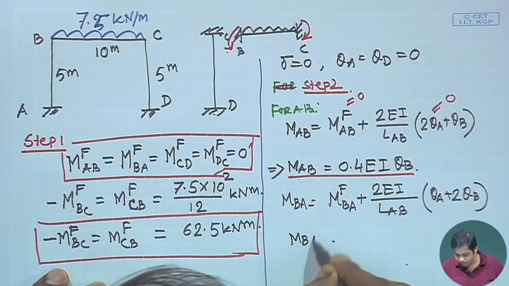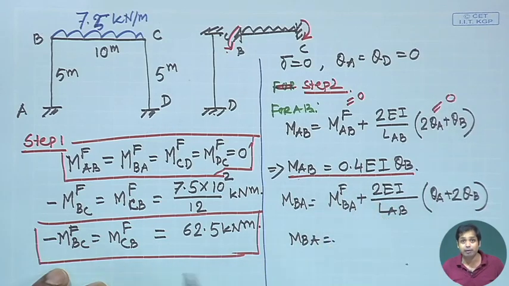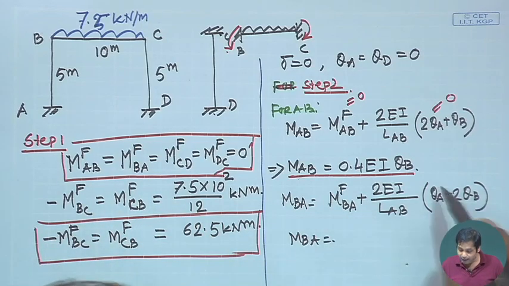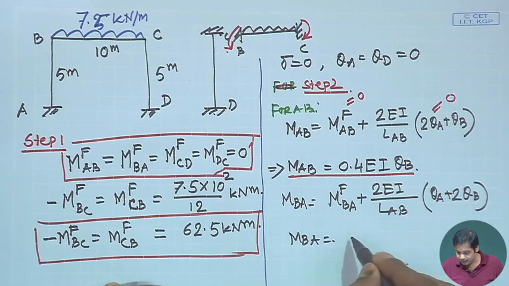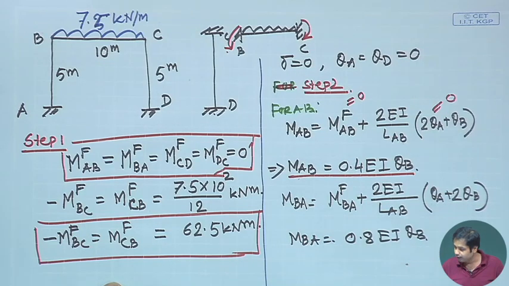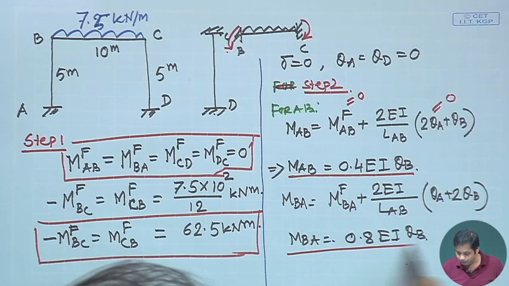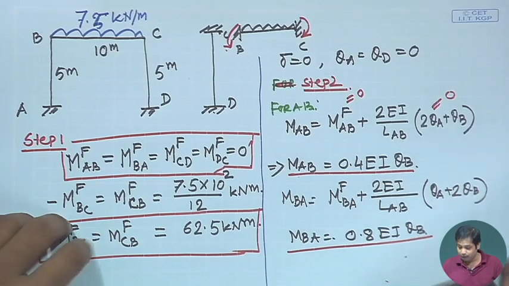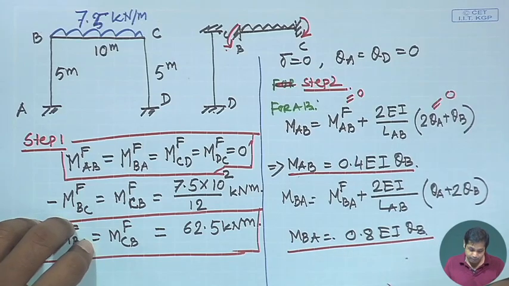Then this gives you MBA is equal to, this is fixed end moment, this is again 0 here. So, this is 0, again theta A is equal to 0 and this becomes 0.8 EI theta B. So, this is for BA.